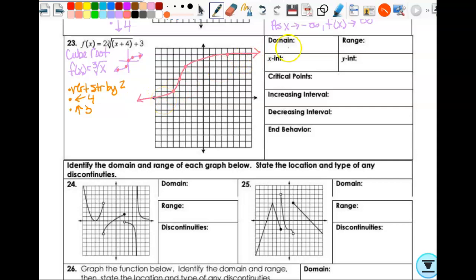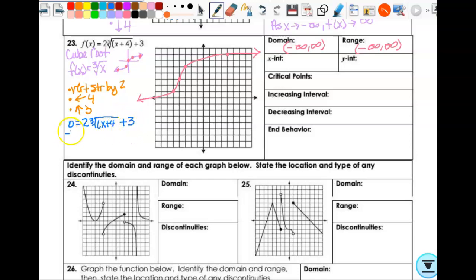My domain, negative infinity to infinity. My range, negative infinity to infinity. My x-intercepts: x-intercept is when y is 0. 0 equals 2 times the cube root of x plus 4, plus 3.